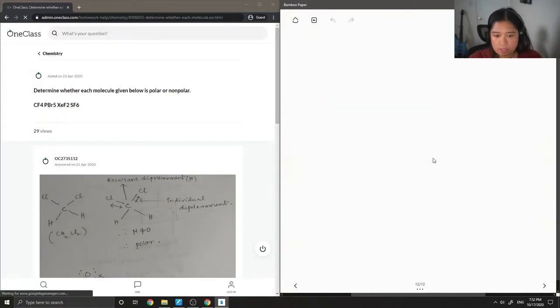On to question number 2. Determine whether each molecule given below is polar or nonpolar. Let's write down the definition of polarity.